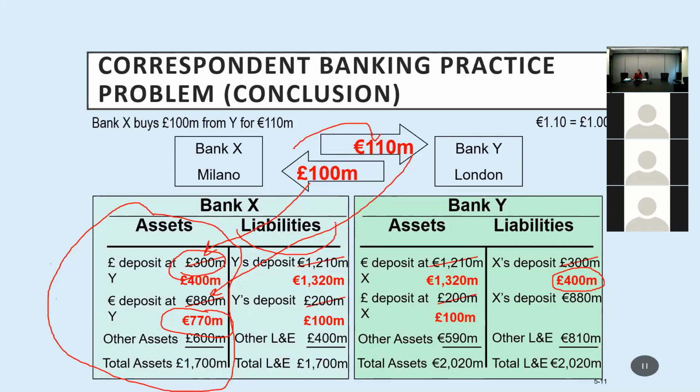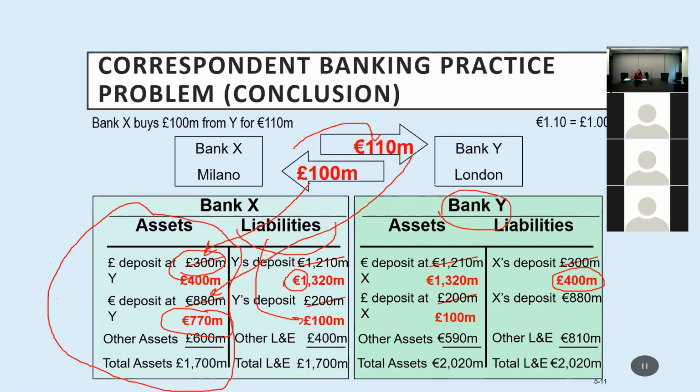In their liabilities, it's the opposite, because they are receiving the pounds, their liability in the pounds reduced, and their liabilities in the euro increases, right?